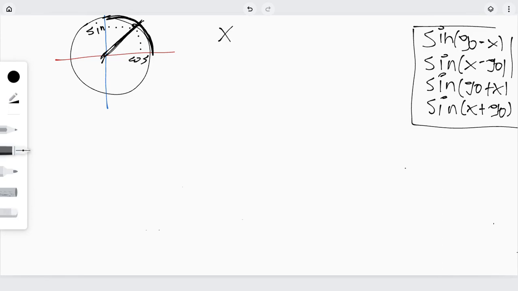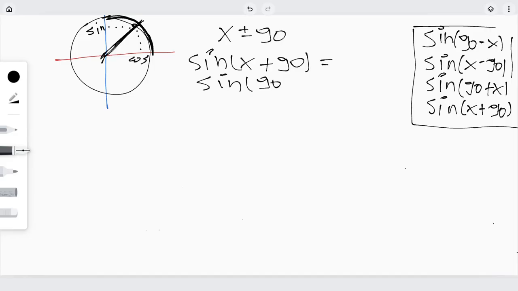So for the other group, rotations, which are always of this form, x plus or minus an angle, 90 degrees in this case, we're going to look at sine x plus 90, which is the same as looking at sine of 90 plus x, give the same answer.